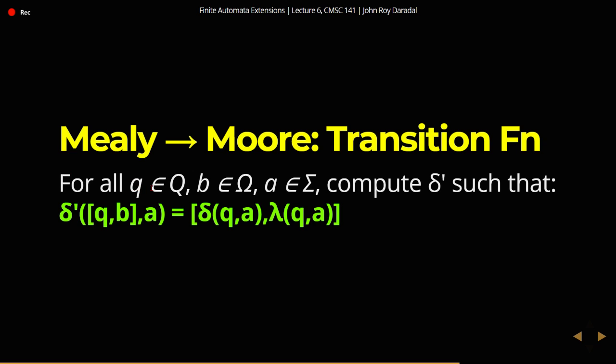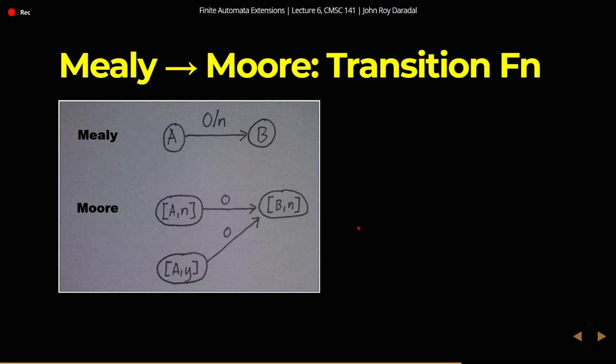For all states Q and for all output symbols B and for all input symbols A, compute the new transition function such that delta prime of the state QB transition on A will be the state delta QA, so where it will end up in the original Mealy, and then what is the output, so lambda QA.